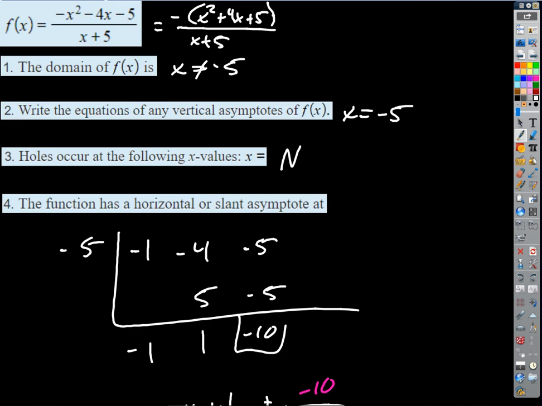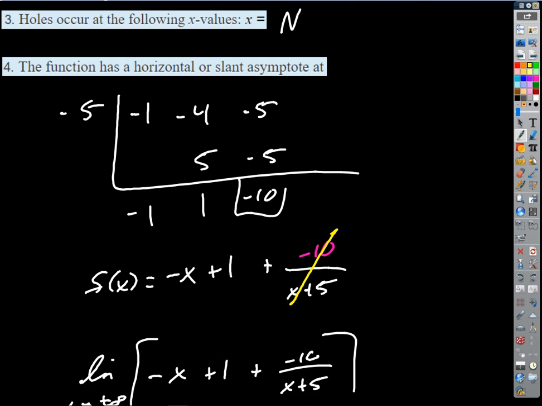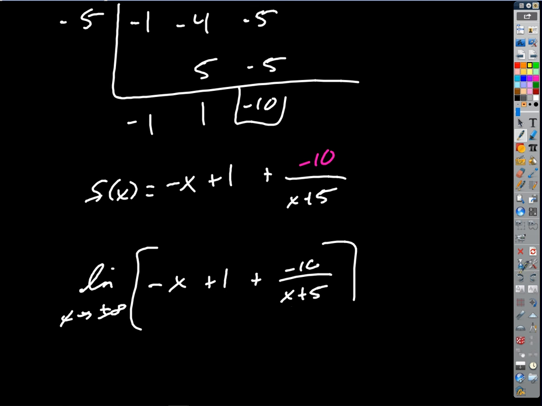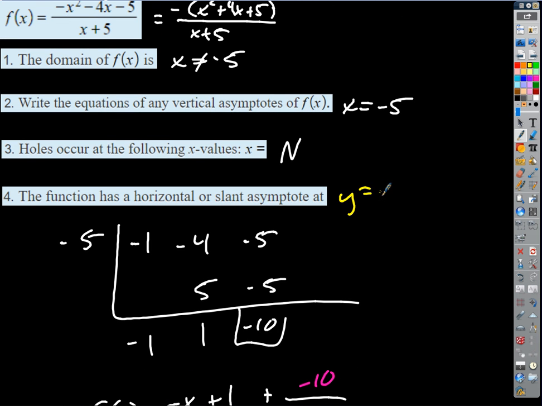See that connection? And so there's our slant asymptote. So we get a slant asymptote at y equals negative x plus 1. That's it. Okay, make sense?